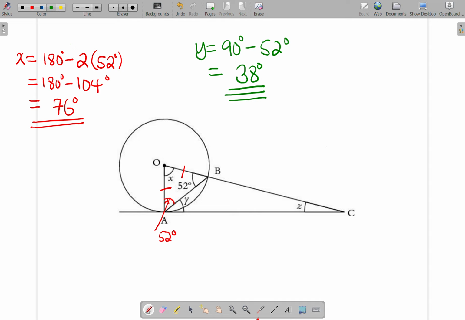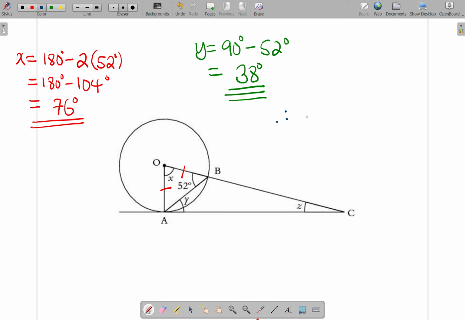Let me find my value for z. To find my value for z, I'll clear this. I'll use this triangle. Angles inside this triangle should give you 180.